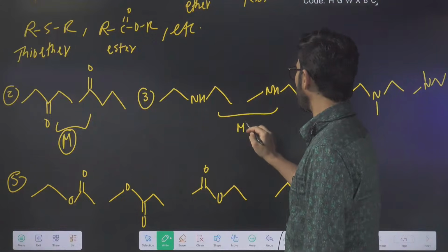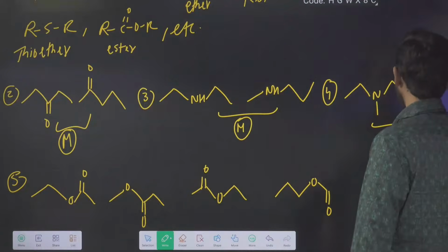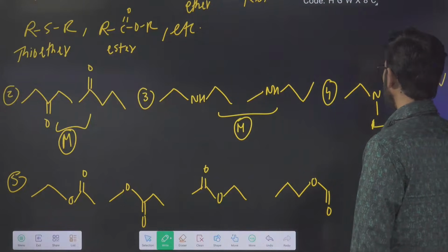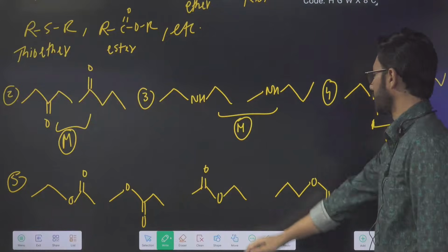These are metamers. Tertiary amines: both are the same degree, formula same, but connectivity is changing. So here they are metamers.